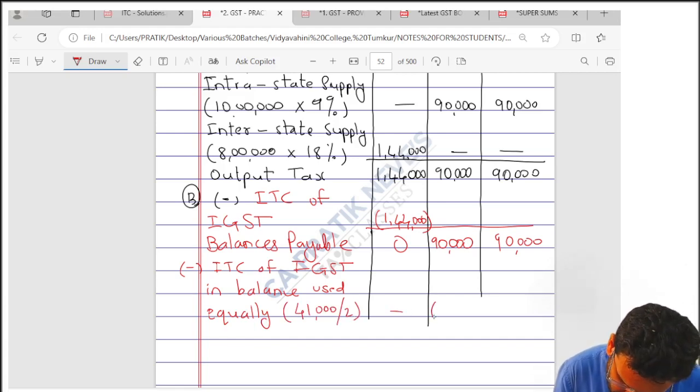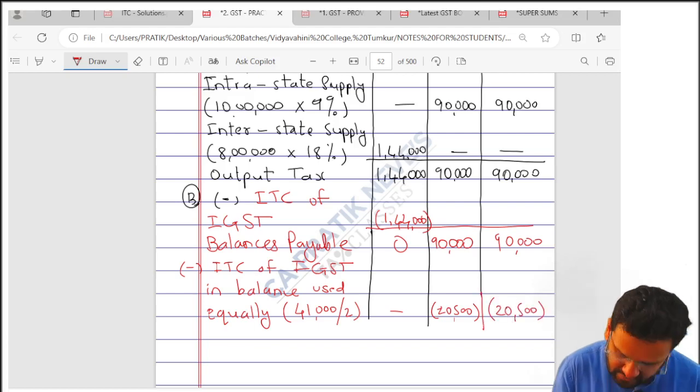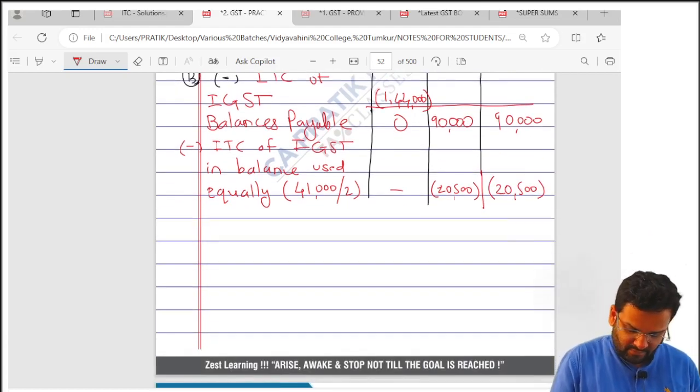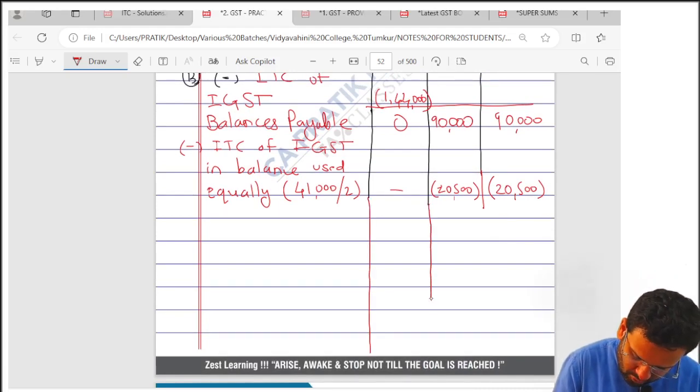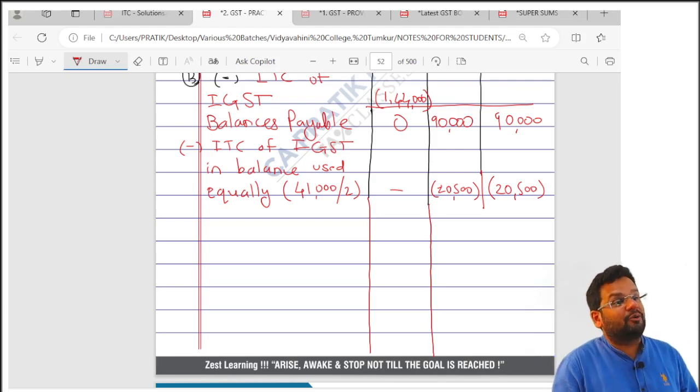So I am using equally, 20,500, 20,500. Anyone has used in any other proportion? Absolutely no problem. That is also a correct answer. Don't change your answer. What you have done is correct. I will tell you how to evaluate your answer finally.